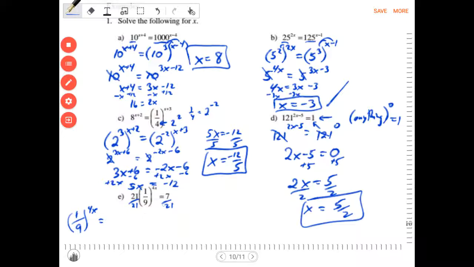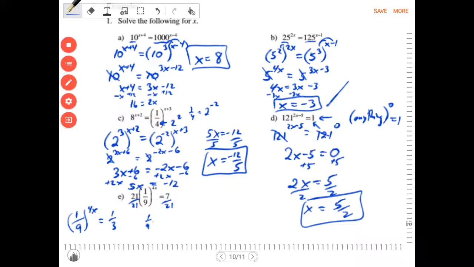Now 7 over 21 is 1/3. Oh, do you see it now? Because 3 and 9 are related. So 9 is 3 squared, and I don't have to use a negative anymore because the 9 and the 3 are both on the bottom.